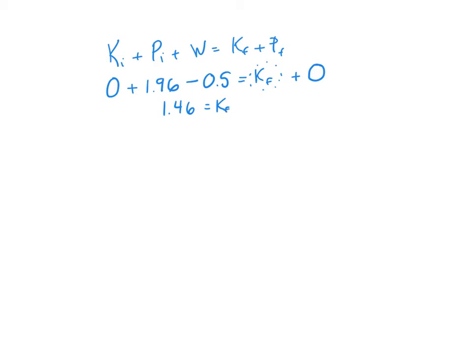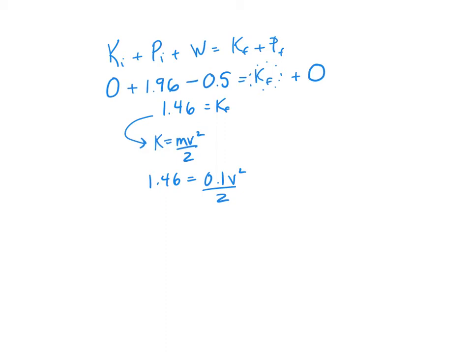And they asked for the velocity, so you're just going to go, all right, kinetic energy is equal to mv squared divided by 2. Okay, 1.46 equals our mass, which was 0.1, right? V squared divided by 2.